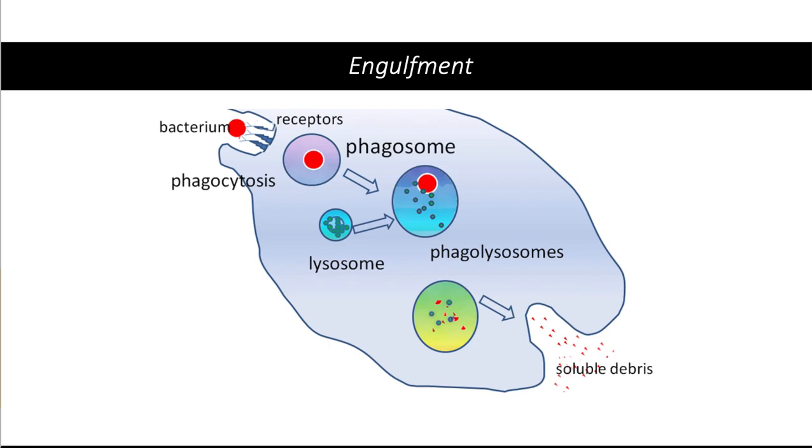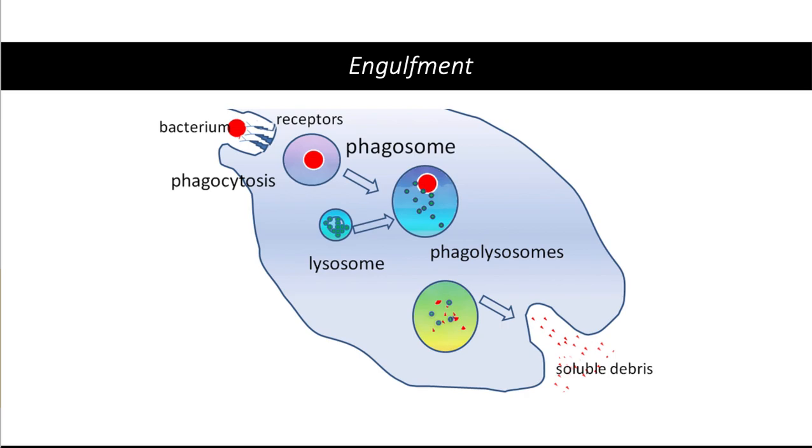After a particle is bound to phagocyte receptors, extension of the cytoplasm flows around it, and the plasma membrane pinches off to form a cytosolic vesicle, the phagosome, that encloses the particle.